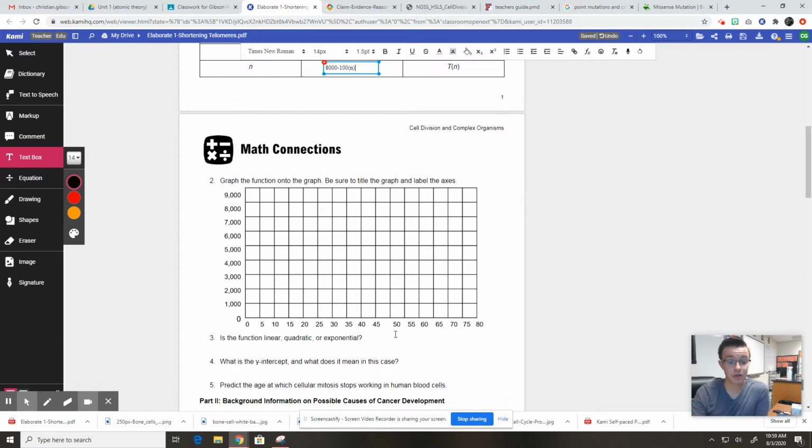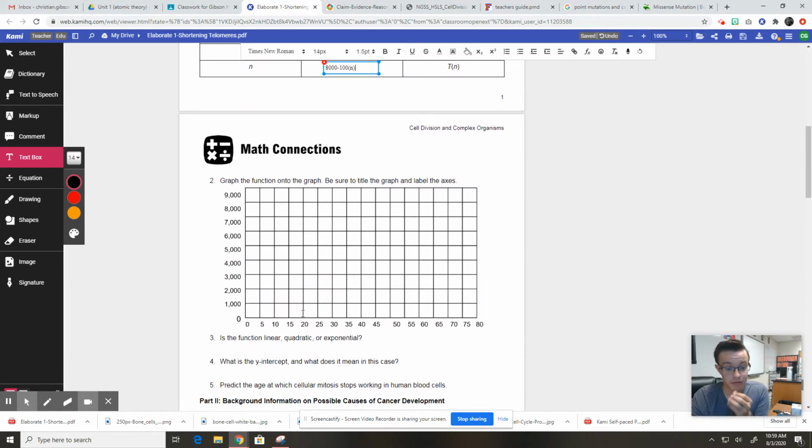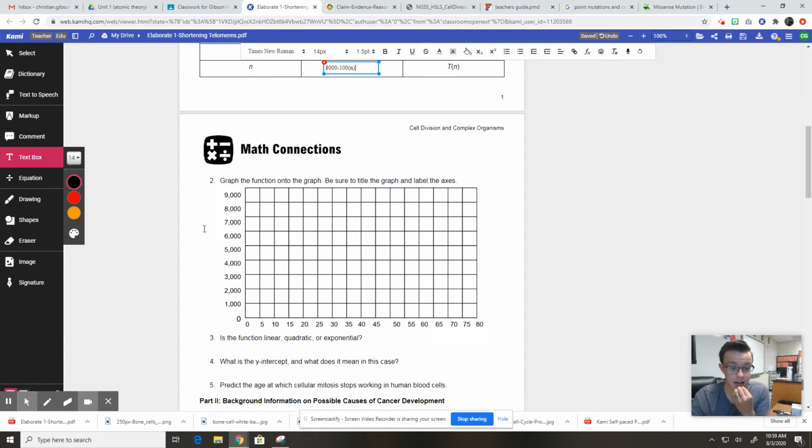All right, now this is wanting us to graph our function. So we're going to take these data points and we are going to graph them now. So now at the bottom here, we need to title this and we need to include units. So over here on this axis, this is called the y-axis. Y-axis is always vertical, if you didn't know that yet.